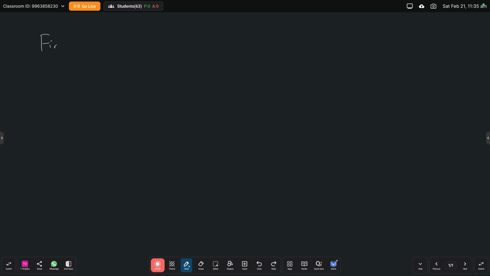First normal form, also called 1NF. Don't write any shortcuts, write full forms. Clear? So what is the first normal form definition?